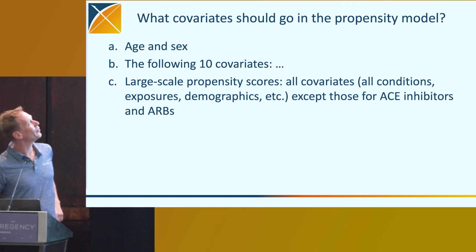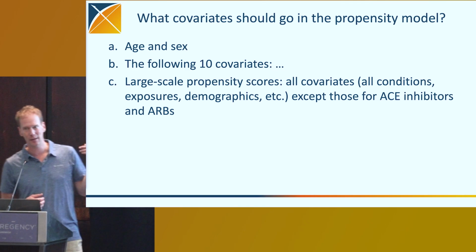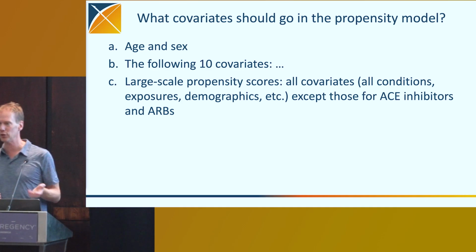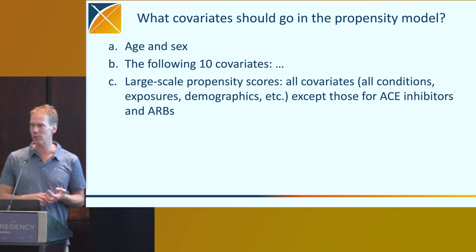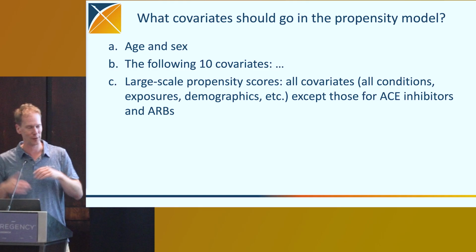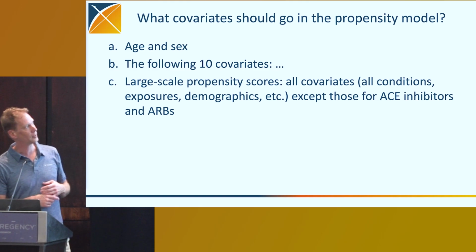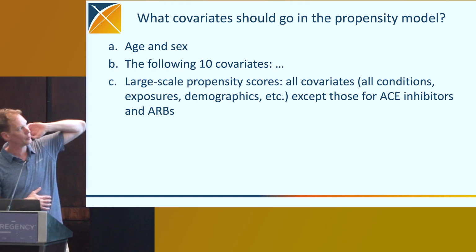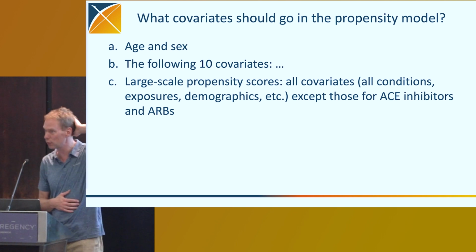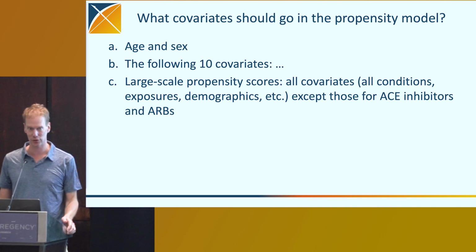So we talked a little bit about the covariates and that we basically don't want you to pick covariates. We want the lasso, the regularized regression, to do this for you. Except one thing you do need to do is exclude the drugs that you're studying. That's something you manually have to do.